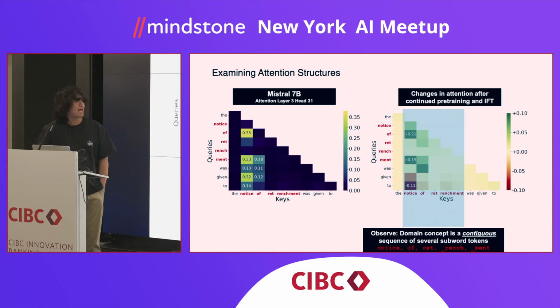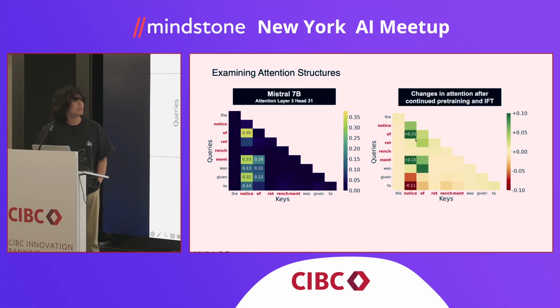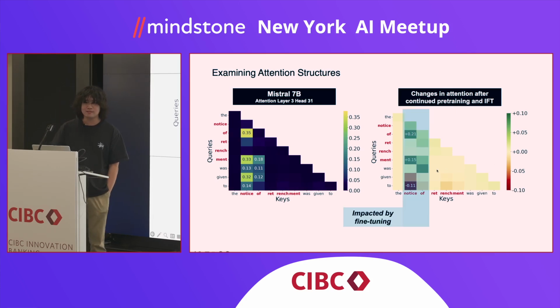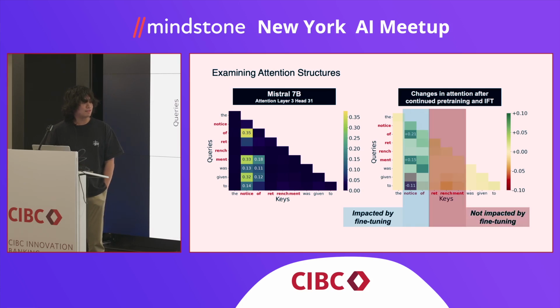But when you look at what the effect of that fine-tuning was, you can see that only the first two tokens in that sequence were altered by the fine-tuning, and then the second half of that sequence, there was basically no effect after the fine-tuning.